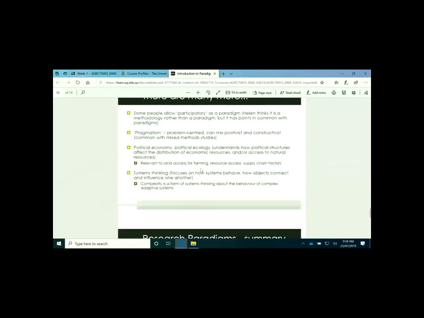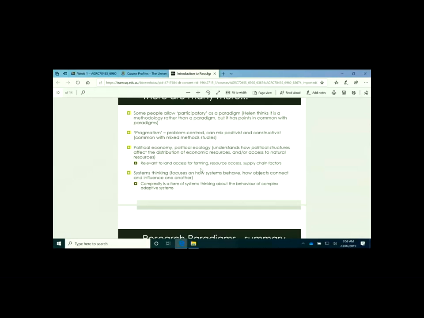There are other types of paradigms, all right? So this is Helen's area. Some people say that participatory is a paradigm. Helen's got a comment here. She says she believes it's a methodology rather than a paradigm, as participatory research programs have points in common with a number of other paradigms.